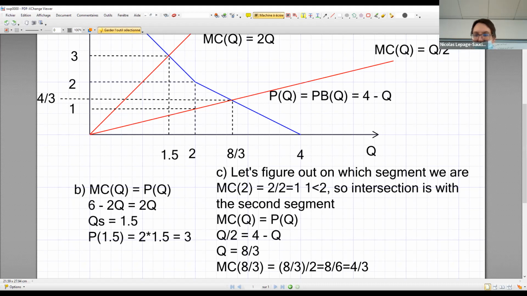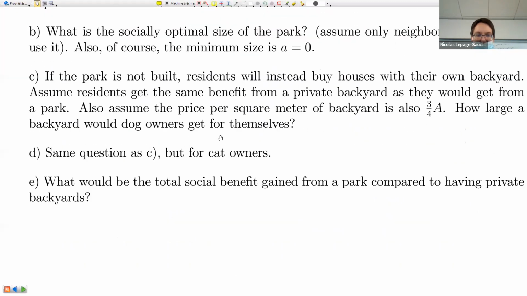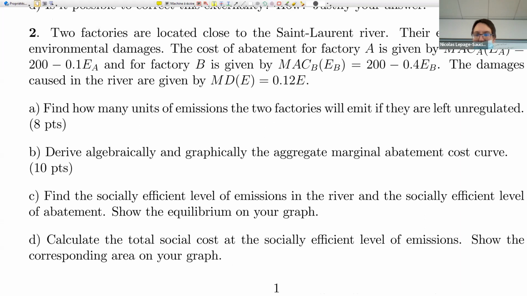So I'm going to share the screen. Okay, so that's number 2. Two factories are located close to the St. Lawrence River. Their emissions cause environmental damage. The cost of abatement for factory A is given by MAC A of EA equals 200 minus 0.1 EA.